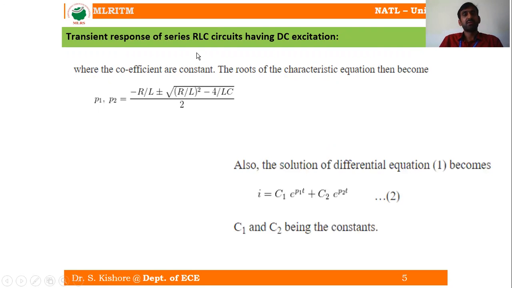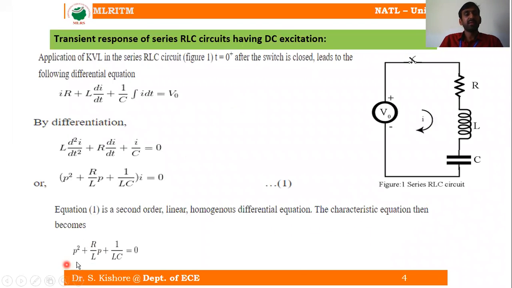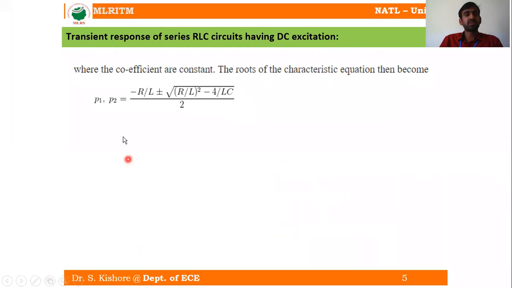What is A in this equation? A in this equation is 1. What is C? 1 by LC is the C. If we consider this as ax square plus bx plus c, the roots can be written as minus b plus or minus square root of b square minus 4ac by 2a. So a is 1, that's why 2 into 1 is going to be 2. So these could be the roots.